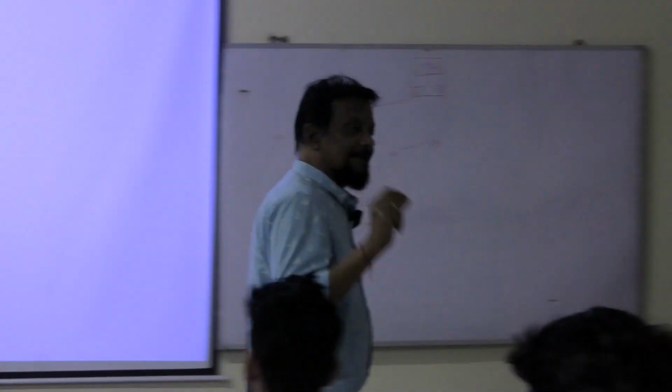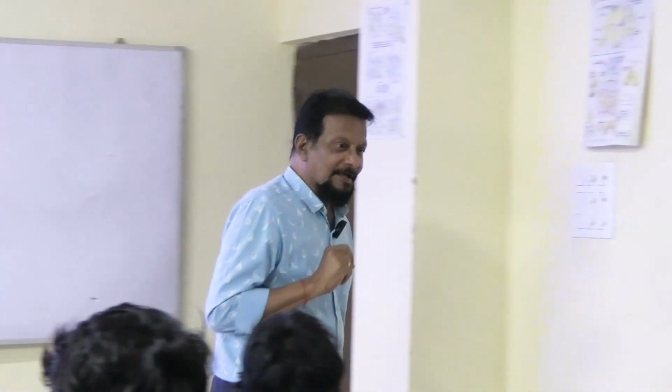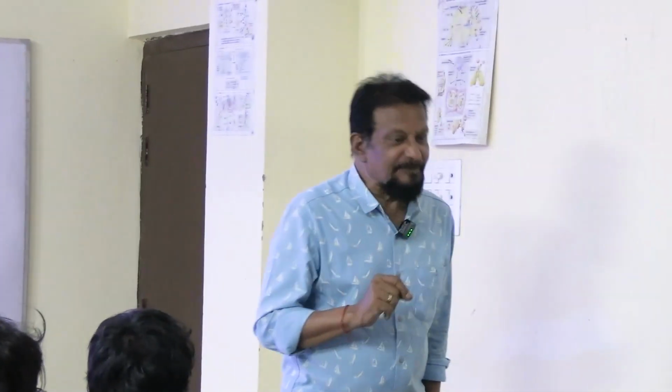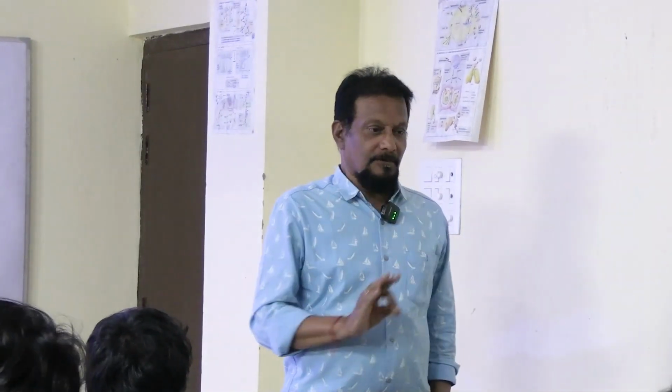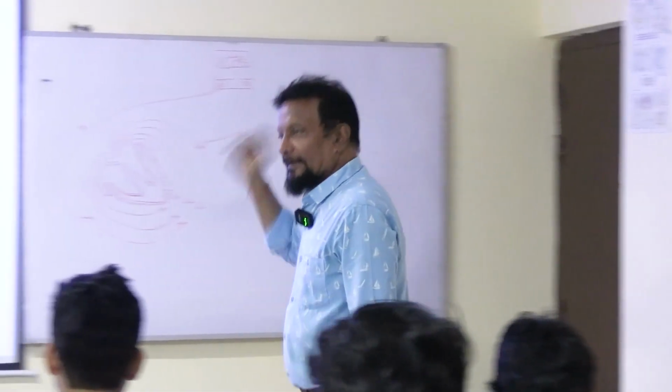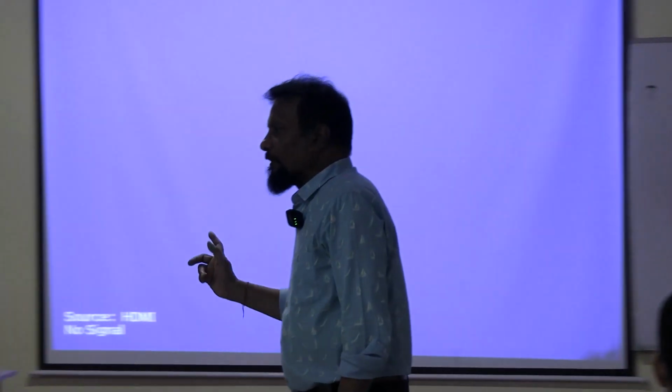So 3 plus 3, and here we have 6. In total, 12 leads. So whenever you ask for an ECG for a patient, you are actually asking for a 12 lead electrocardiogram. What are these? Lead 1, lead 2, lead 3, AVR, AVL, AVF, V1, V2, V3, V4, V5, V6.